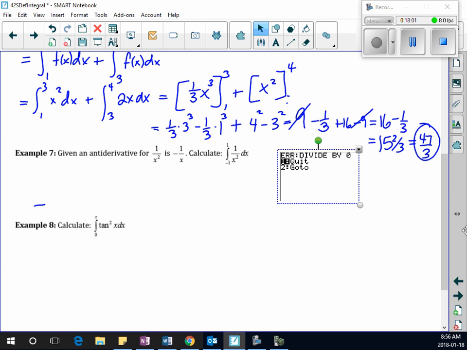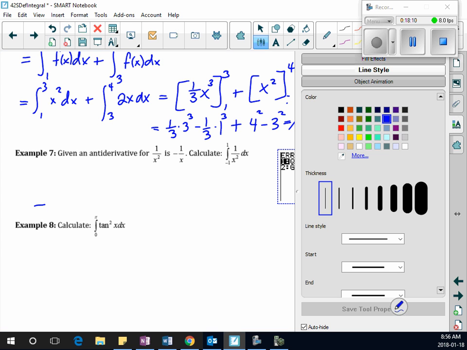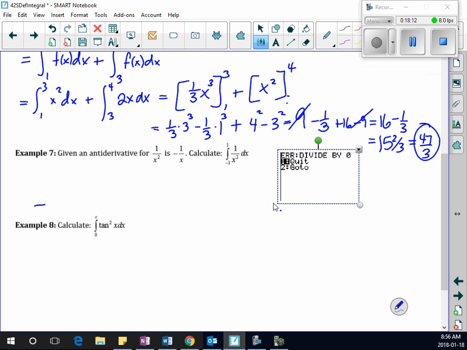So I'm going to show you, if you don't catch that this isn't continuous, you'll actually go about your merry little way and actually figure it out. So watch this.